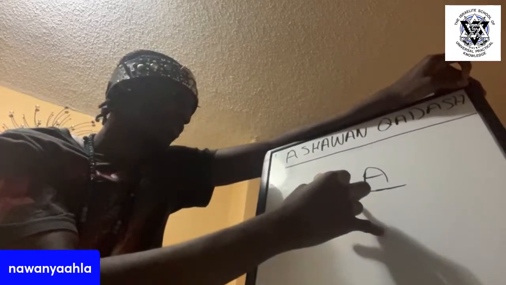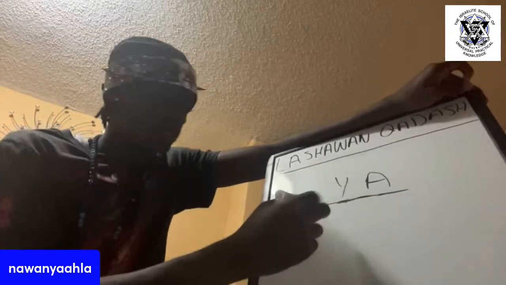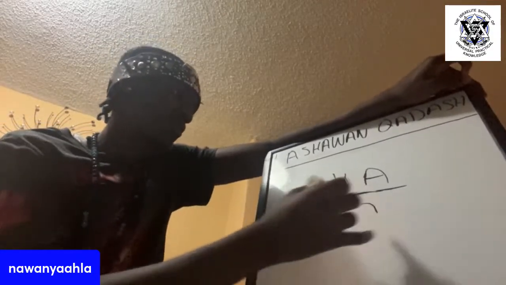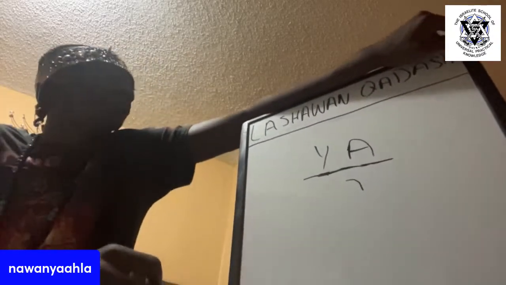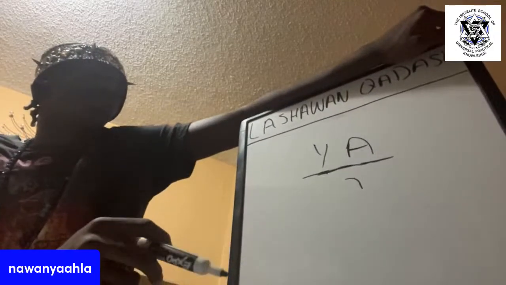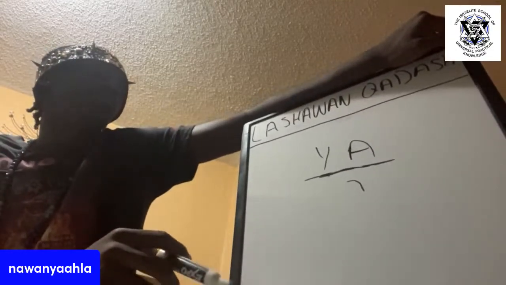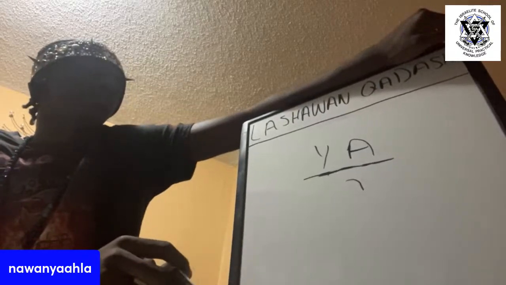Next up, we got the Ya. We got the Ya. That little symbol, you'll always see when you're reading the Blue Letter Bible or the Tanakh. You'll always see this little symbol right here. It's the Yah in the Assyrian Hebrew.